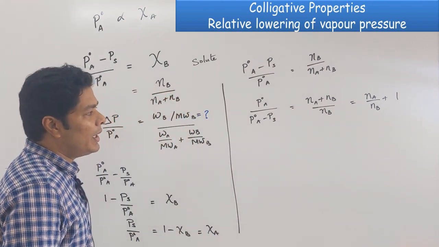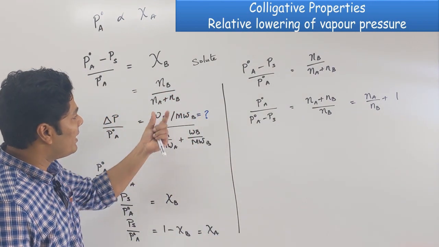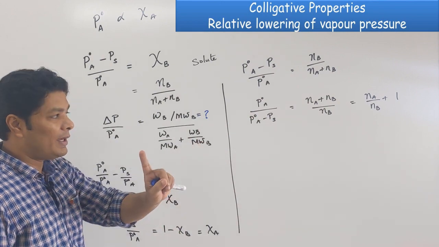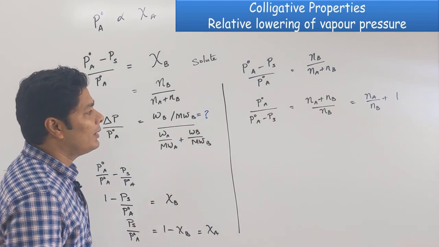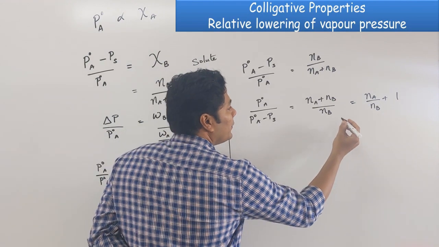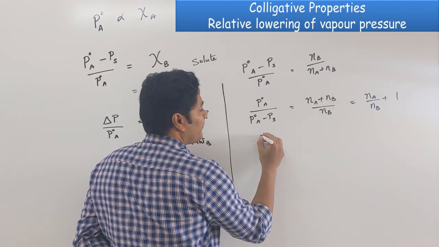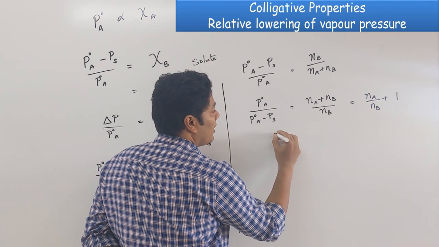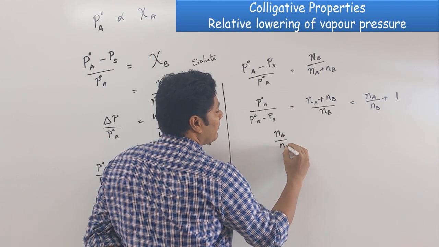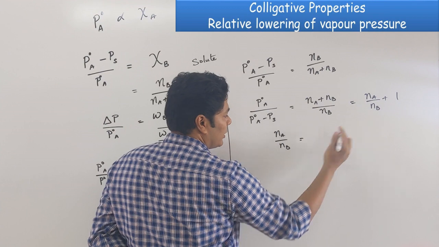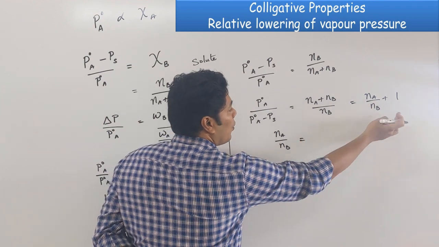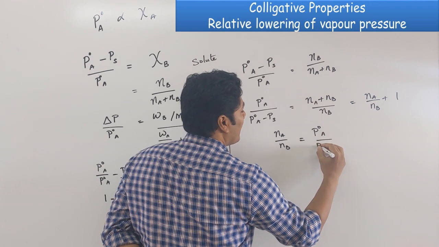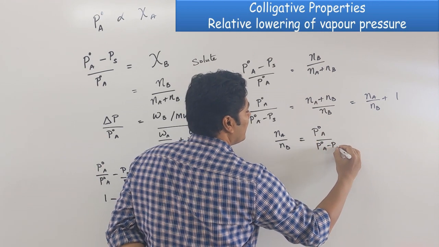Fair enough. Now what I have done is I have made my Nb, which comes in two places, come in only one place. So my unknown is going to be only in one place. Now what can we do? We can do it this way. Na by Nb, which I want, equals P naught A divided by P naught A minus Ps, minus 1.